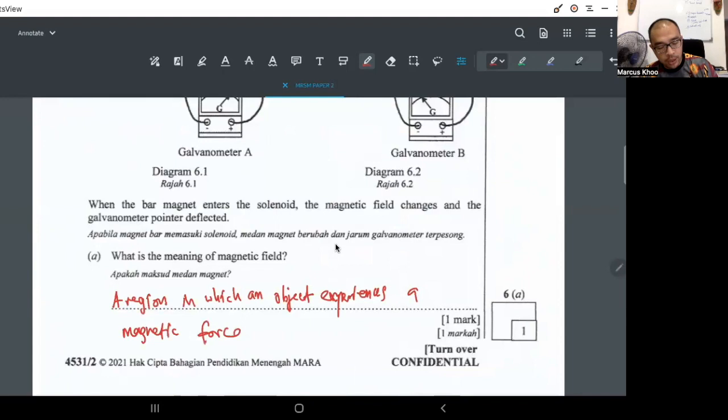Just to remind you, if this question is about an electric field, it is the exact same definition, except that you don't say magnetic force, you say electric force. Field is a region, satu kawasan di mana satu objek mengalami daya magnet or daya electric. So it's a region in which an object experiences a magnetic force if it is a magnetic field, or electric force if it is an electric field.